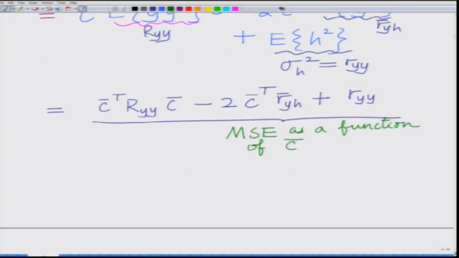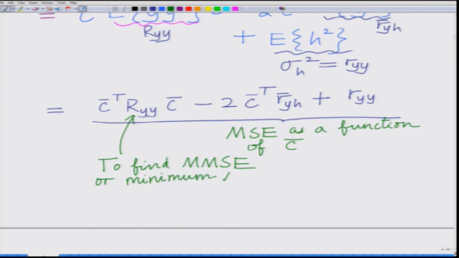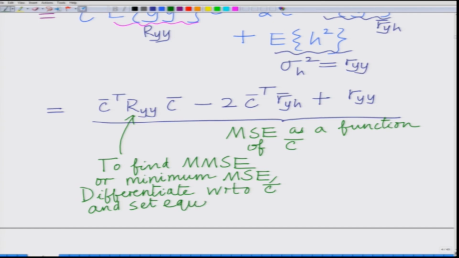To find the MMSE, we differentiate with respect to C bar and set it equal to 0.